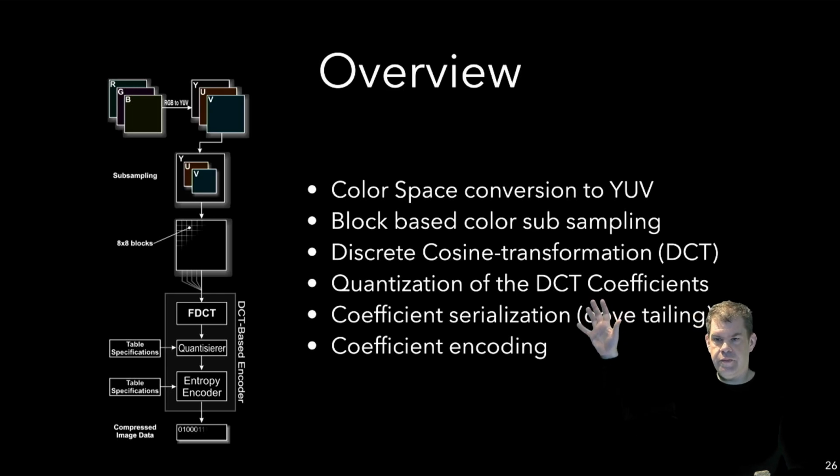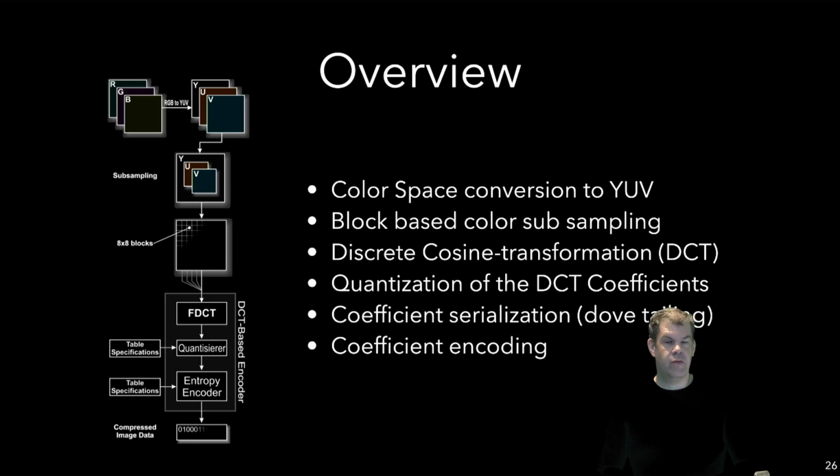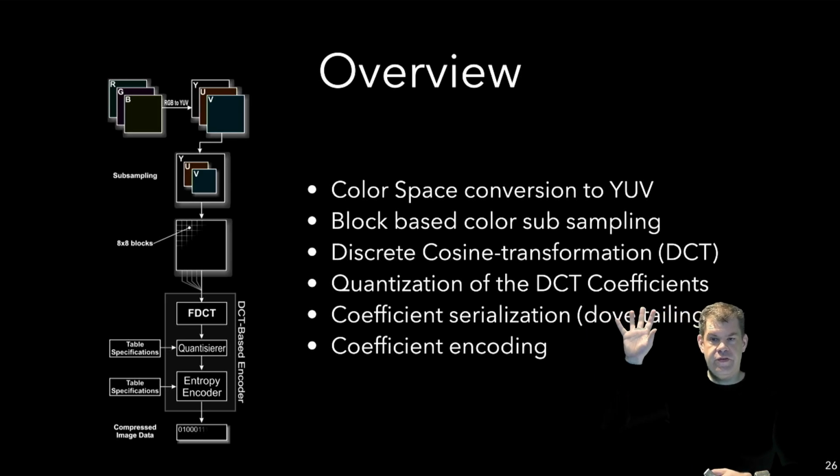On the left, you see a pipeline view, and the right basically describes how the format conceptually works. There are these steps involved here. First, you do a color space separation, and I'll go through all these steps in more detail in a few seconds. So first, you change the color space. If it isn't encoded in YUV already, you encode it in YUV.